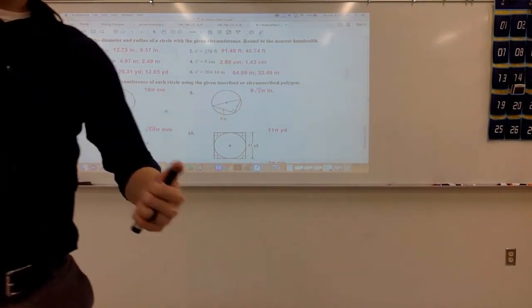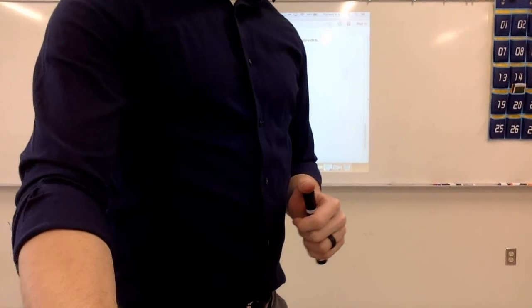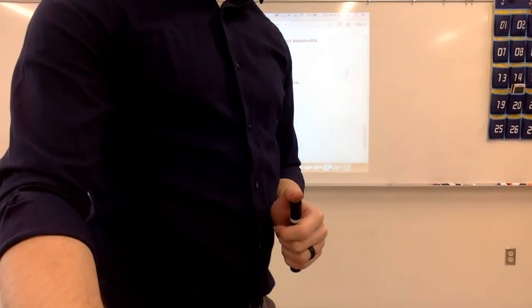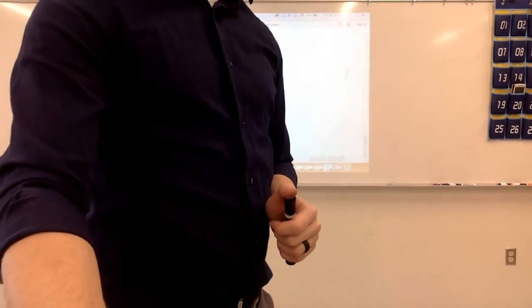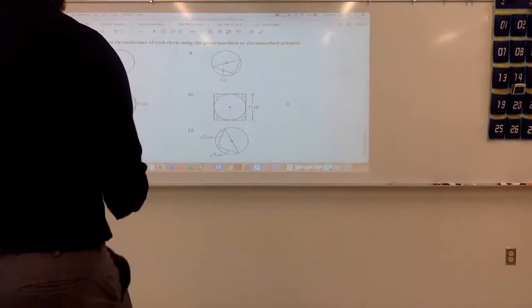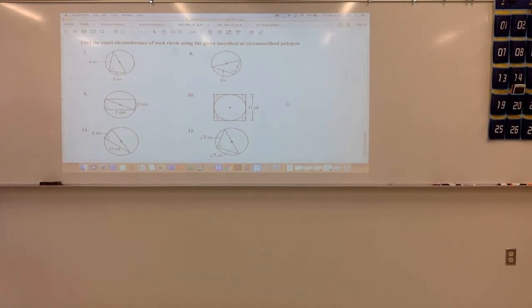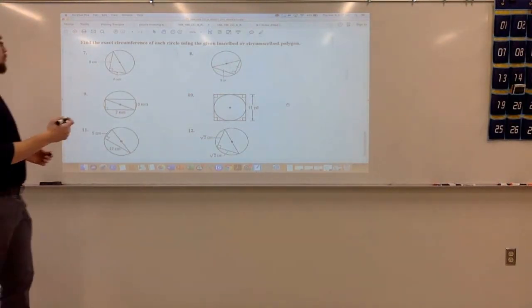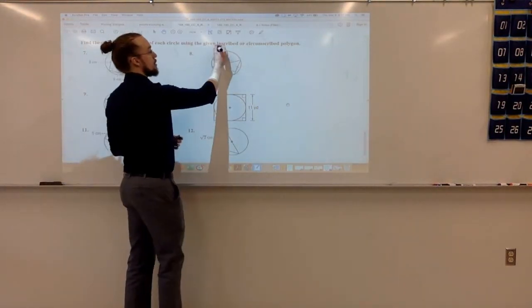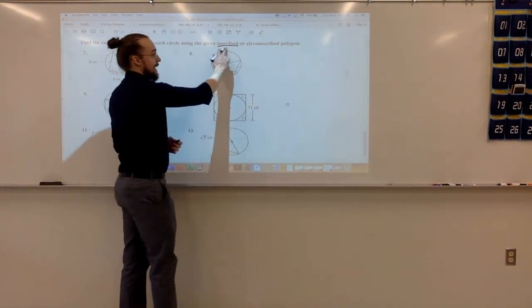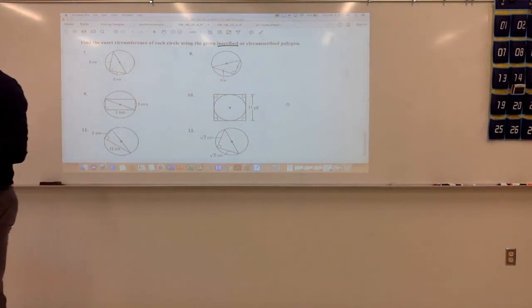So then the last thing that we can take a look at here is finding the circumference if we aren't given a radius or a diameter. In a lot of these, we have right triangles inscribed in the circle. A vocab word that we haven't really talked about, or two vocab words: inscribed and circumscribed.